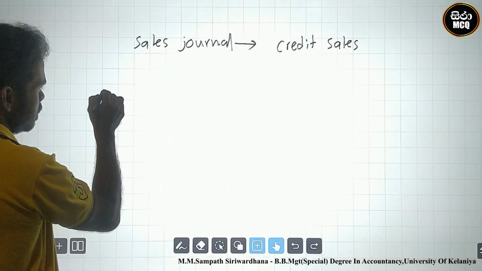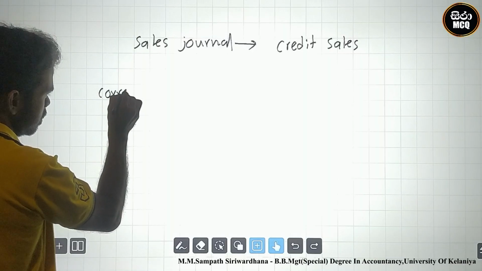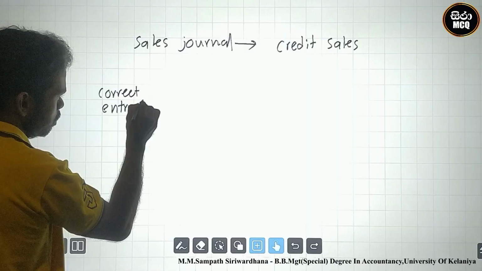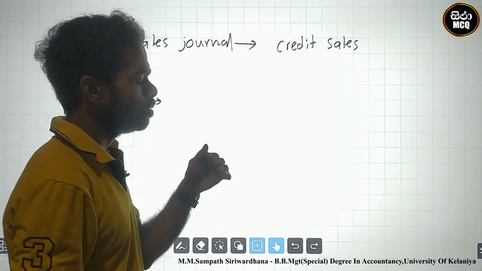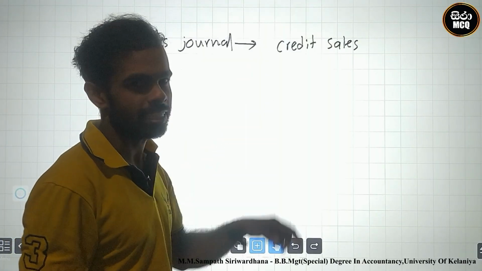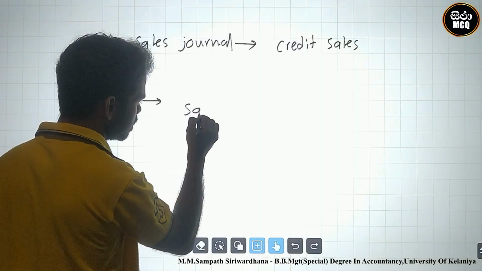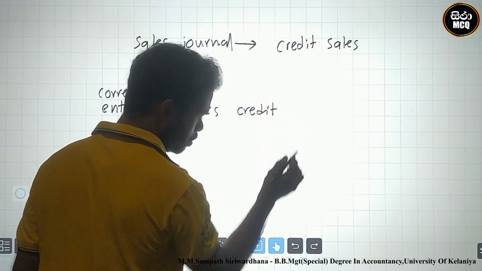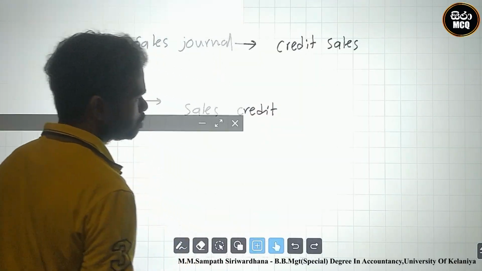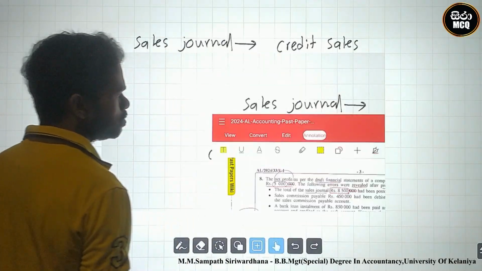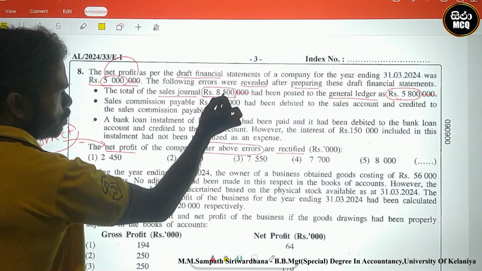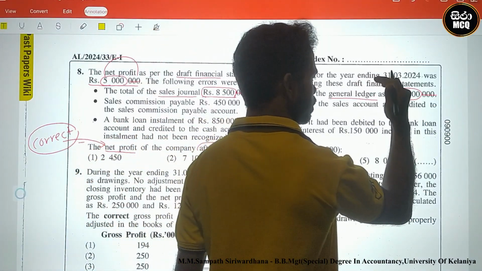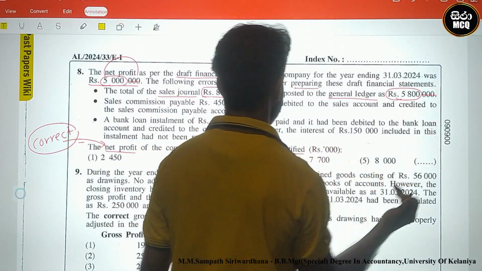Firstly, I identify the correct entry. What is the correct entry to post credit sales? Sales credit. Which amount? The correct one. 8,500 had been posted to general ledger 5,800.